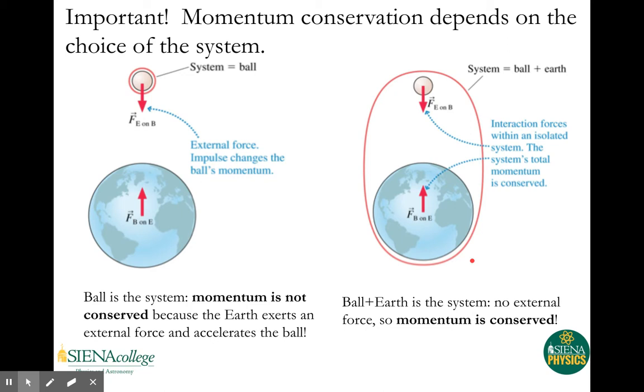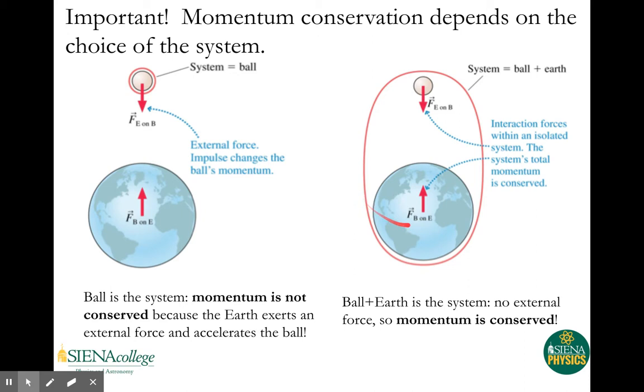Okay, and whether we say momentum is conserved or whether there's some external force depends on what we define as our system. So here's a comparison of a ball dropping toward the earth in two different ways we can think about our system. In the first, we're saying the system is the ball. In that case, the ball is experiencing an external force from gravity, from the gravitational pull from the earth. And so that's going to change the ball's momentum.